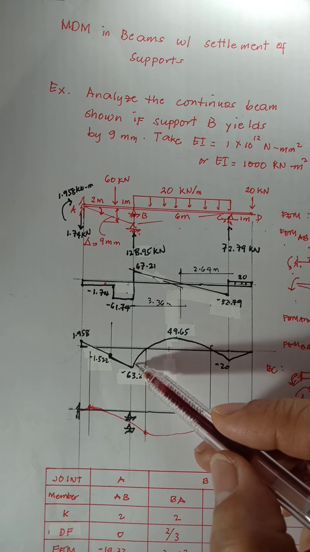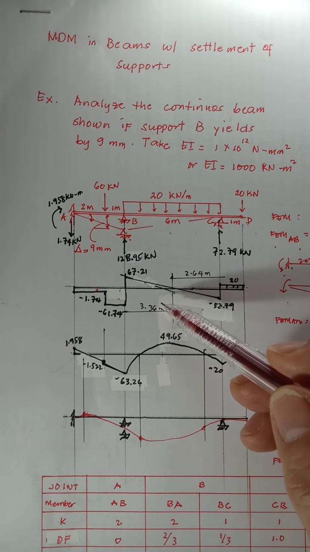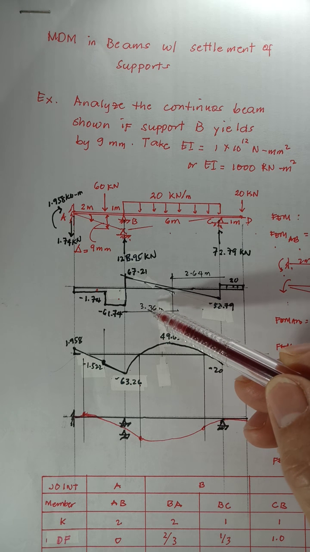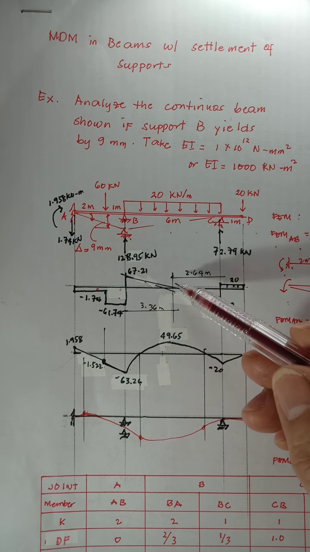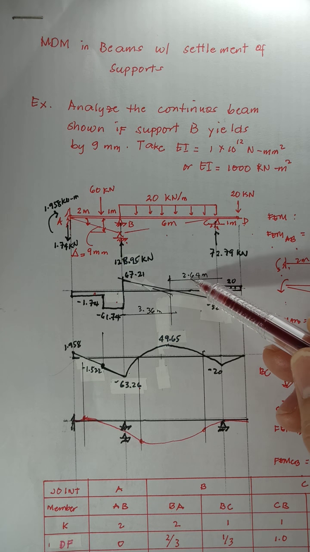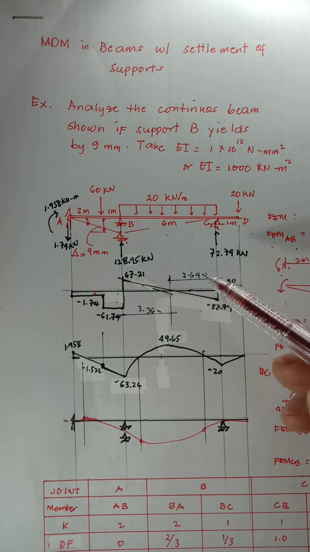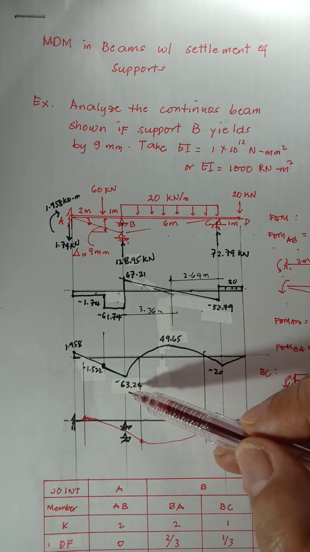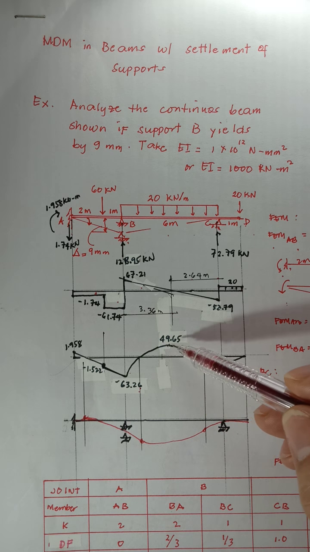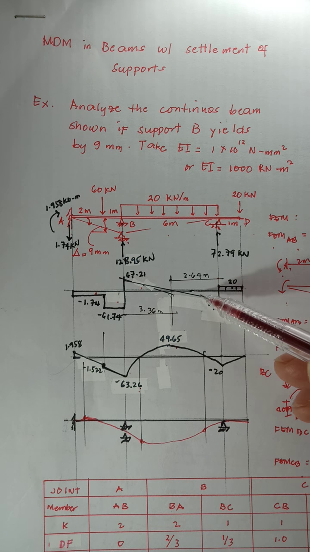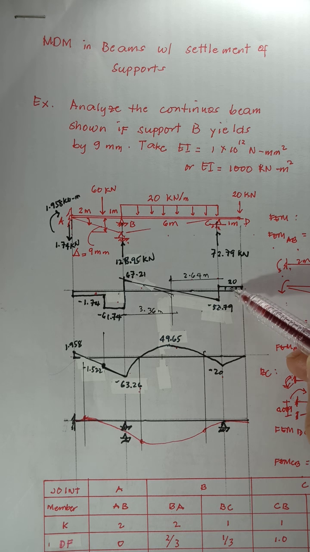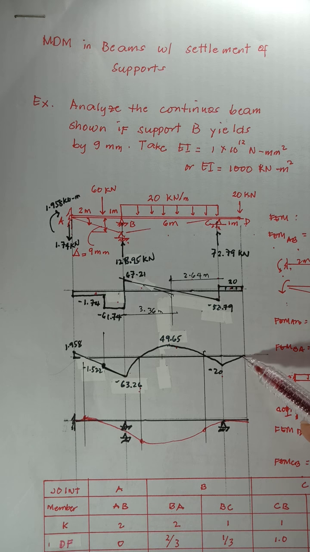Then by ratio and proportion, we can determine the distance, which is equal to 3.36, and at the other side is 2.64. Adding this area to negative 63.26, we get 49.65, minus this area we get minus 20, and plus this area, 20 times 1, which is 20, so that would be equal to 0.